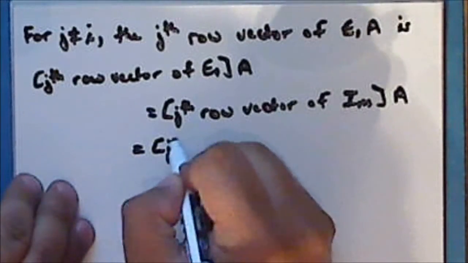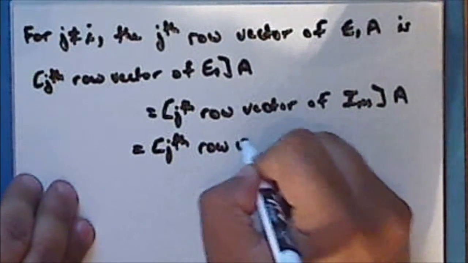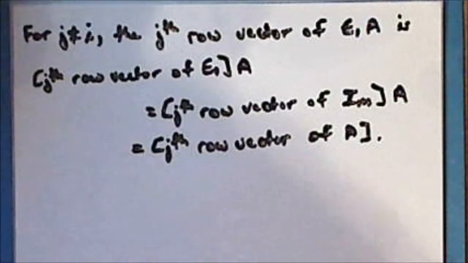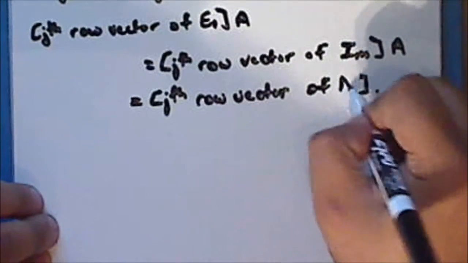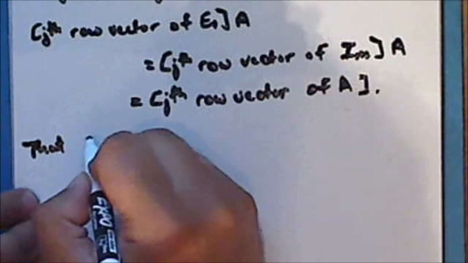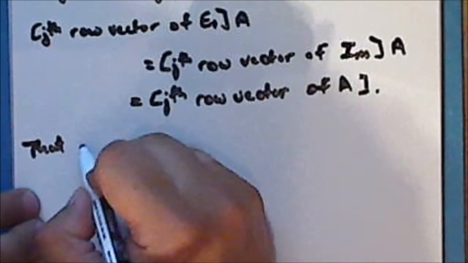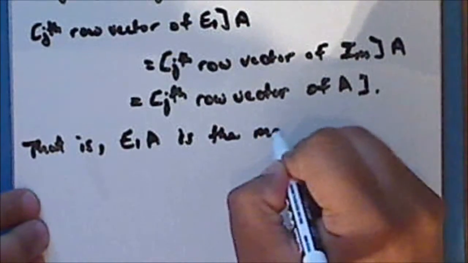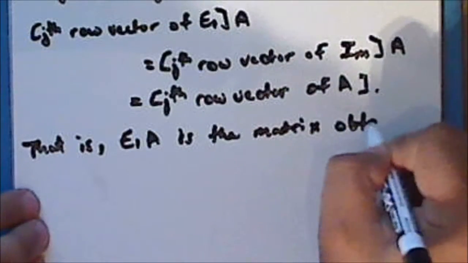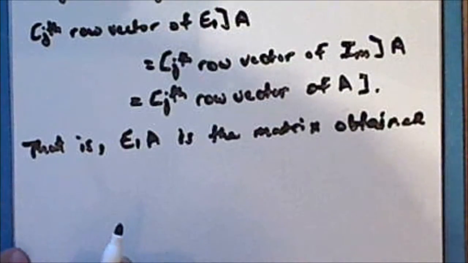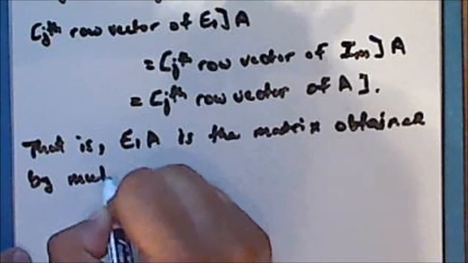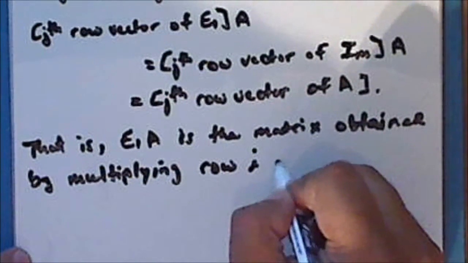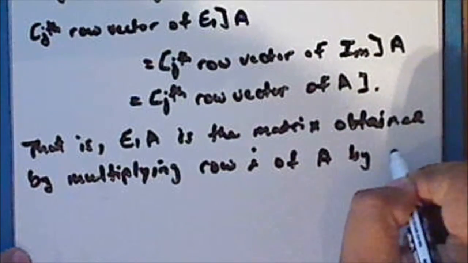And so we have the jth row vector of the matrix A. That is, the product E sub 1 times A is the matrix obtained by multiplying row I of the matrix A by the non-zero constant C.